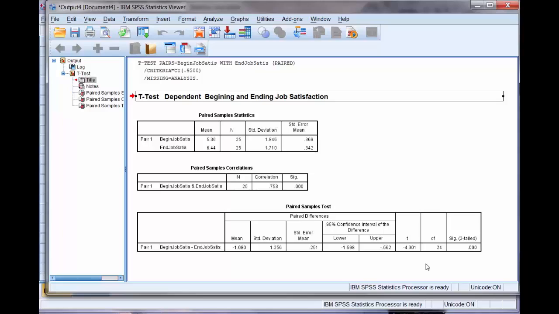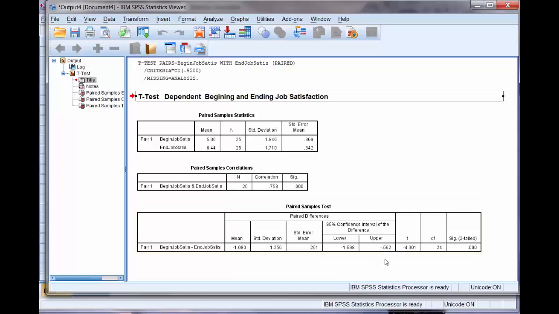I wouldn't have got this difference in the means just by randomly pulling them out. The probability of that is very, very low. So I'm going to reject my null hypothesis. This t statistic is much larger, or much smaller, think absolute value, than what the critical value would have been if I had done this by hand.